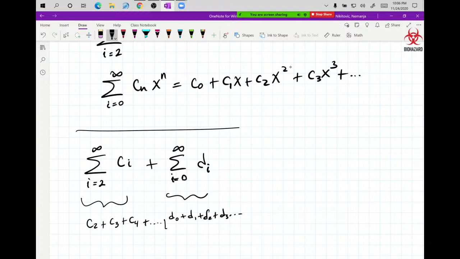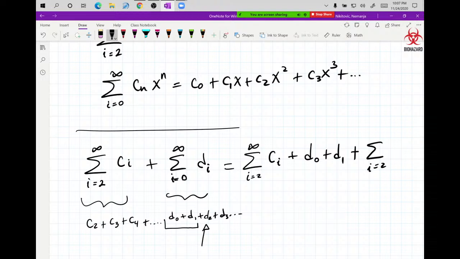But see, if I peel off these first two terms and write them separately, then my summation will start with the D2. And then the 2 in the counter will match the first one. So if I copy the first series, i starts at 2, infinity of Ci, and then I just peel off D0 and peel off D1 and leave the rest in a summation. Ooh, now they match.